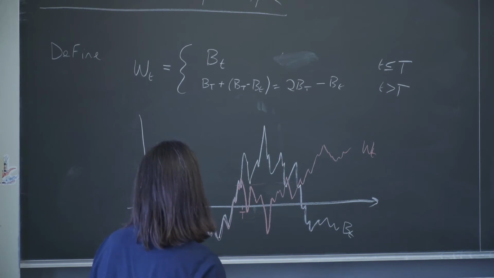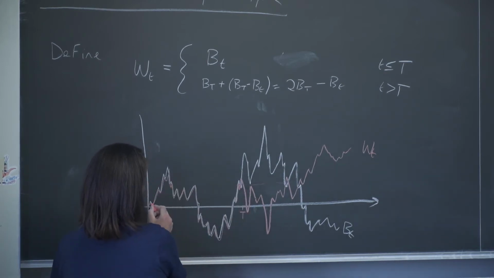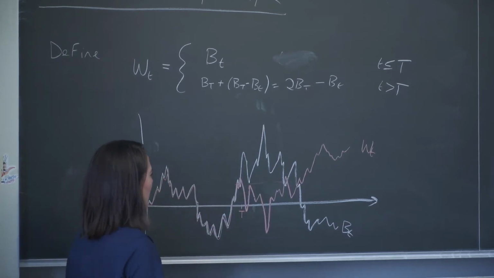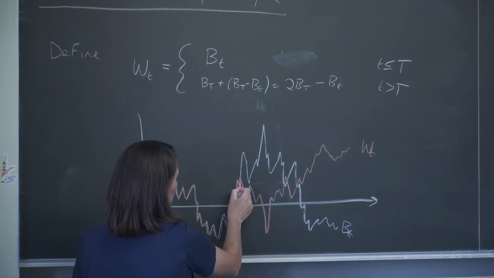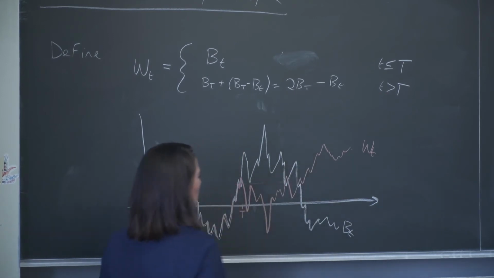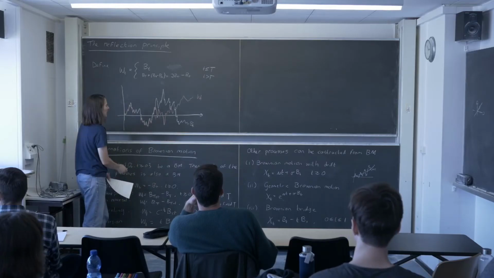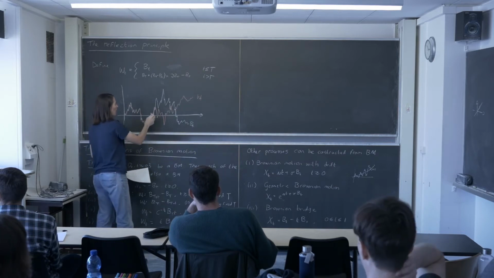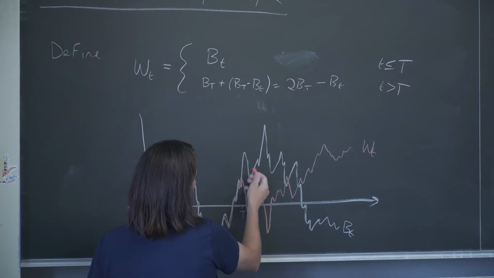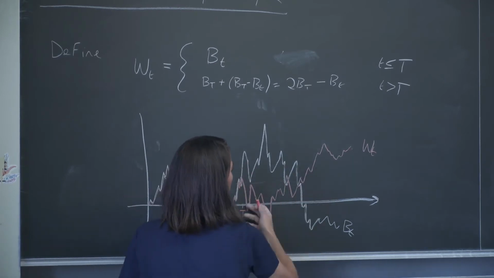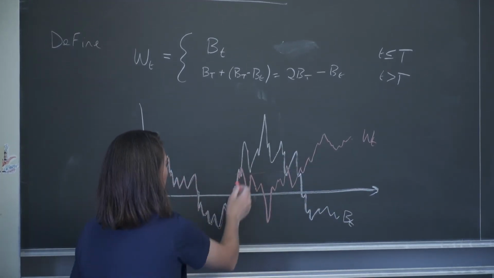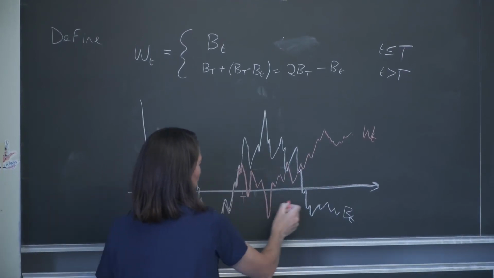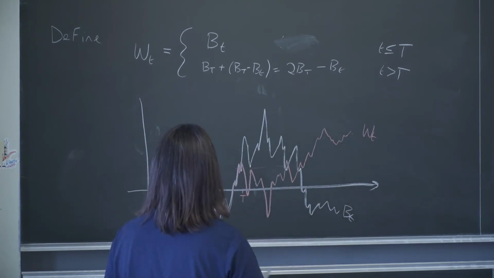Okay, and so what do we know? Well, we know that this segment up to here is a Brownian motion because it's just a Brownian motion restricted to a finite time interval. We know this bit onwards is a Brownian motion because of the Markov property, and it's independent of this by independent increments. And therefore we know that this reflected one is also a Brownian motion because of the reflection property, and it's independent of what happened before, and so that means that the pink process is itself a Brownian motion.